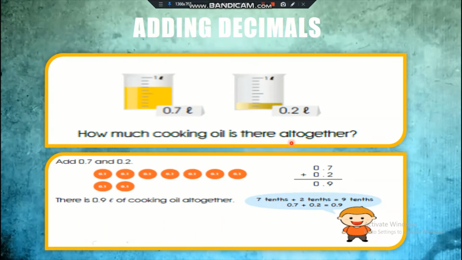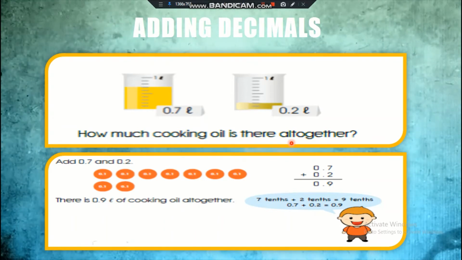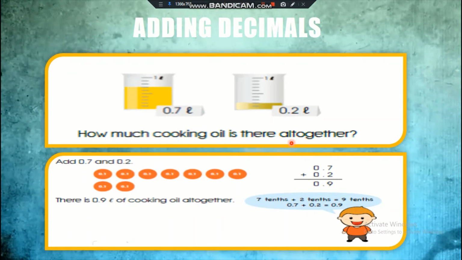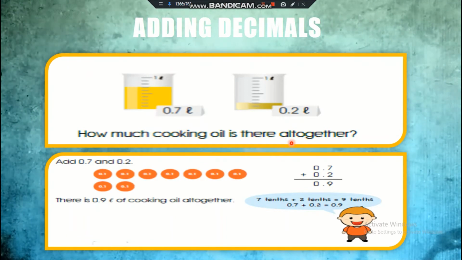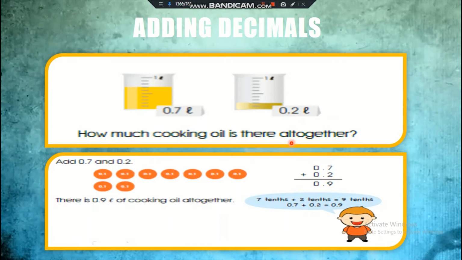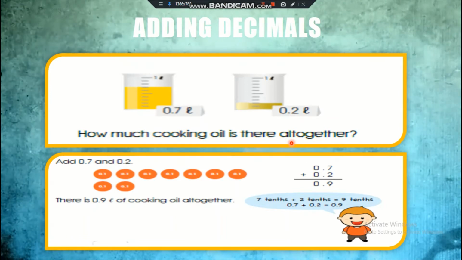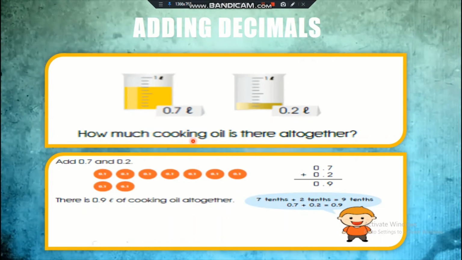Whenever we come across this word altogether, what does it mean? Does it mean we need to find the difference, or does it mean to find the total of something? Yes, you're right. Over here, we have to find the total quantity of cooking oil.